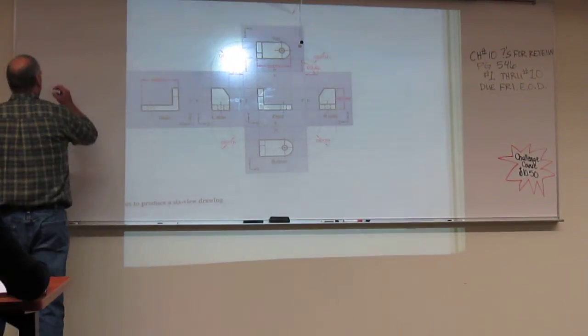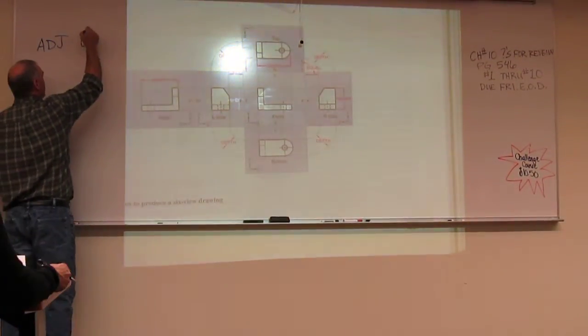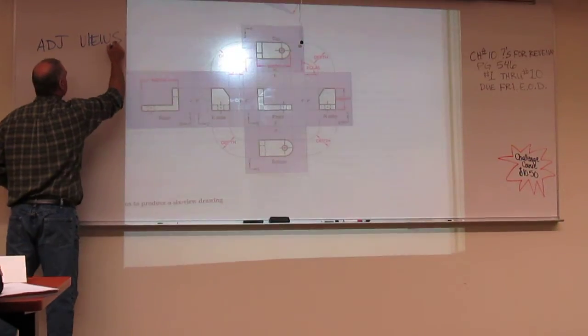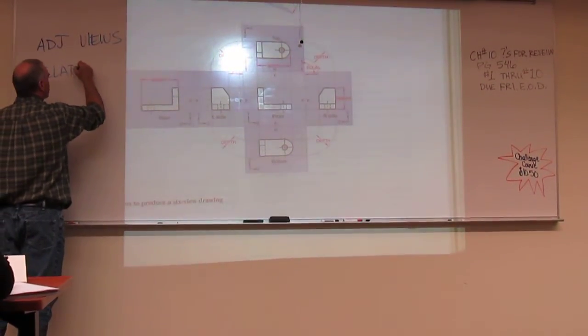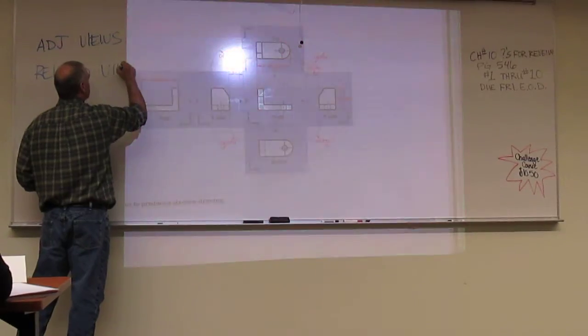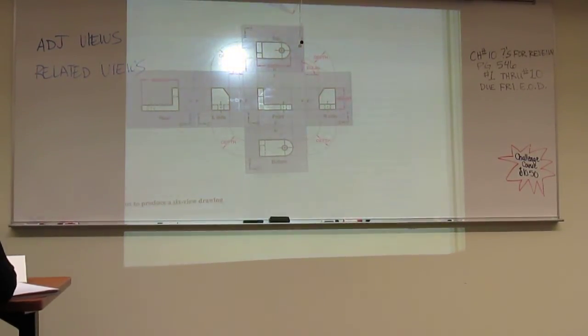Now, when we also talk about views, we've got two other terms we want to make sure we know: adjacent views and related views. These will transmit into a little thing I want you to look over later today.